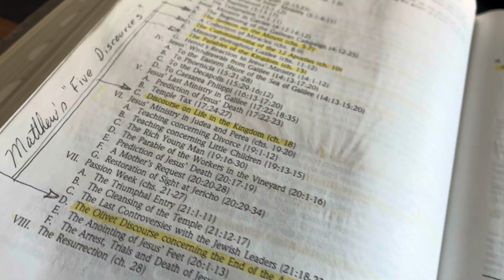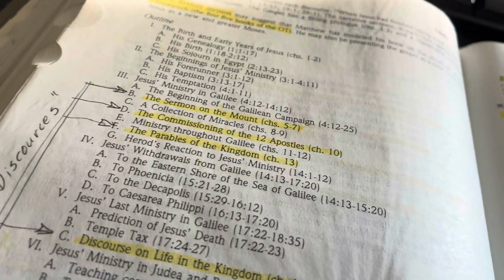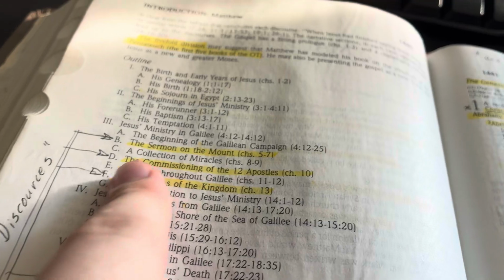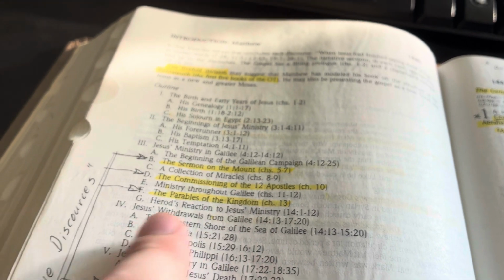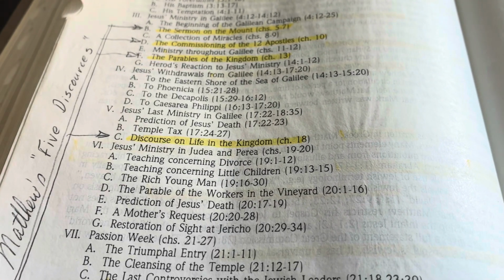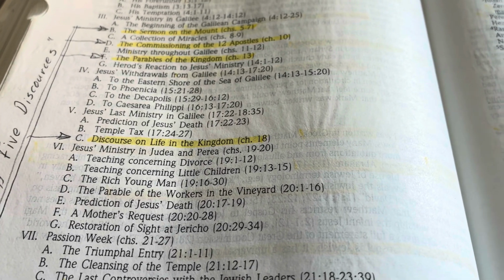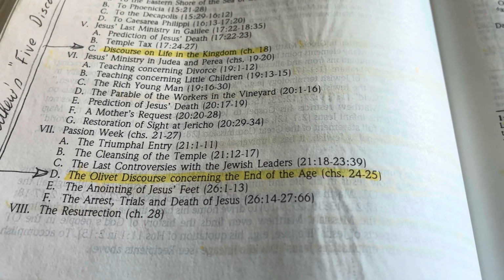Okay, here's a good note that he made. Matthew's 5 discourses. So we got the Sermon on the Mount, the commission of the 12 apostles, the parables of the kingdom, discourse on life and the kingdom, and the Olivet discourse concerning the end of the age.